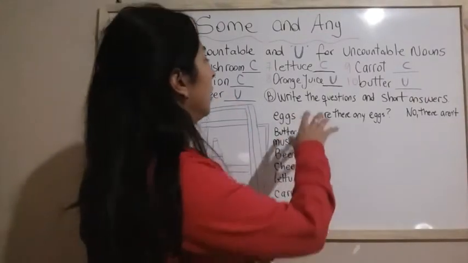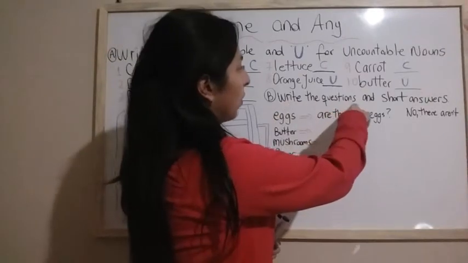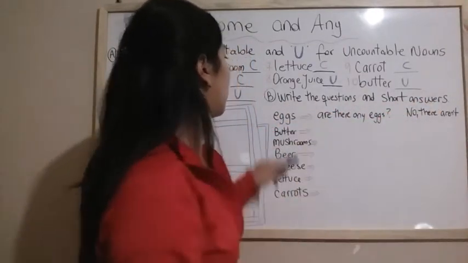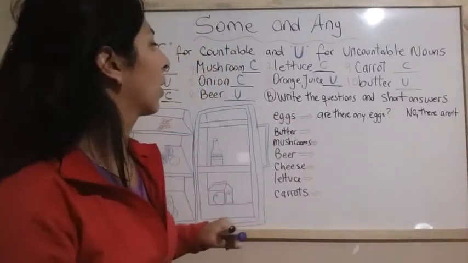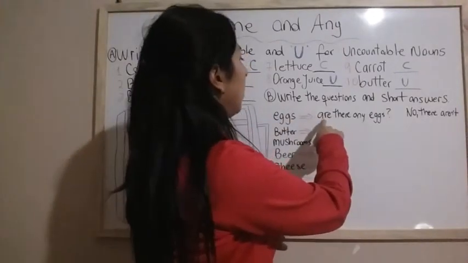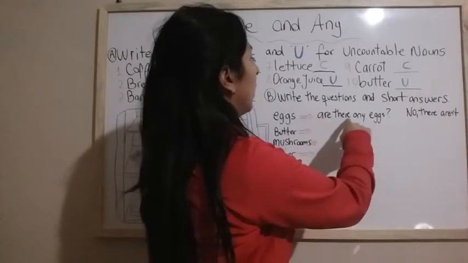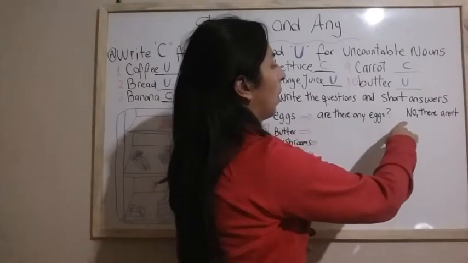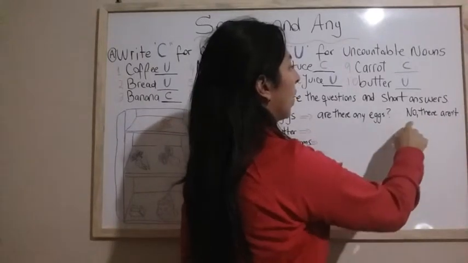In this exercise, we have to write the questions and short answers, okay? We have the first example with eggs, okay? The first example, the question is, are there any eggs?